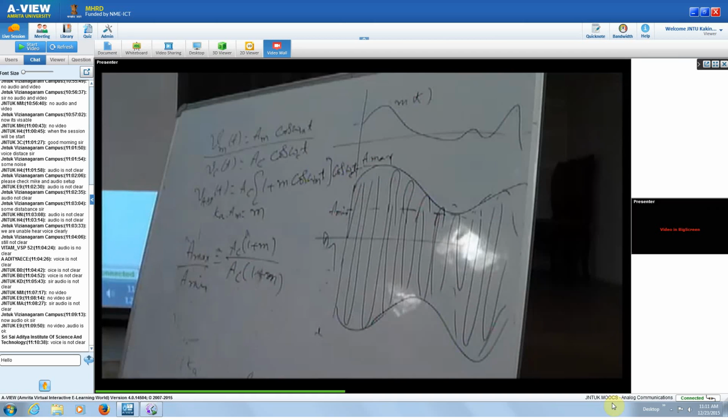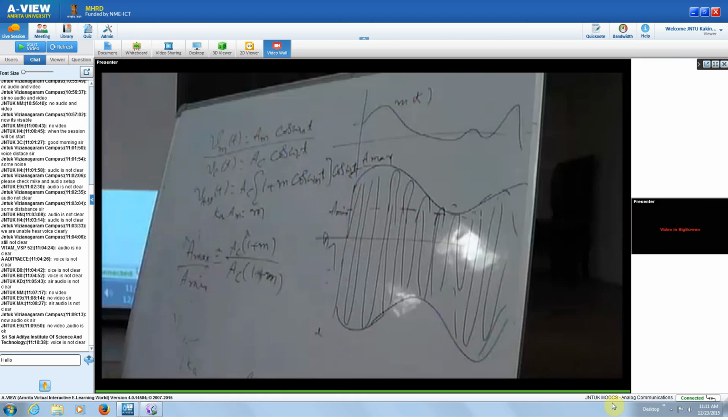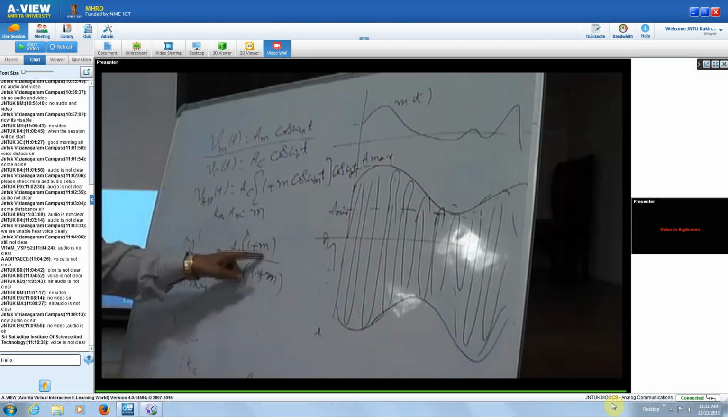So this is the relation between the maximum and minimum values in your modulated waveform. Once you have A max and A min, you can obtain the modulation index.